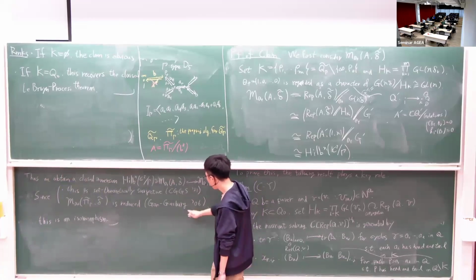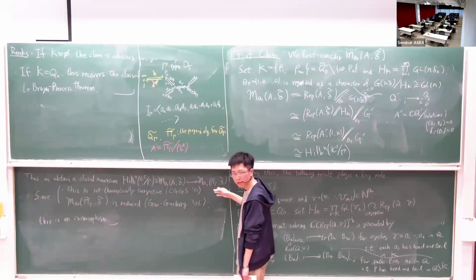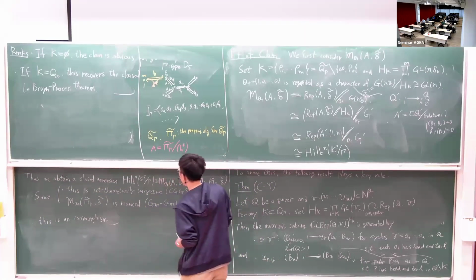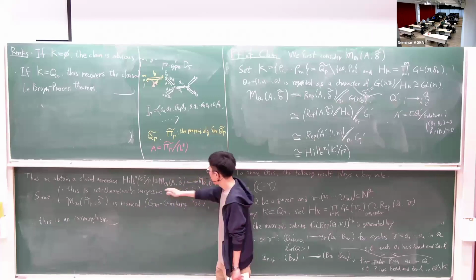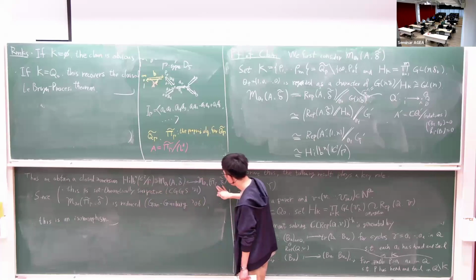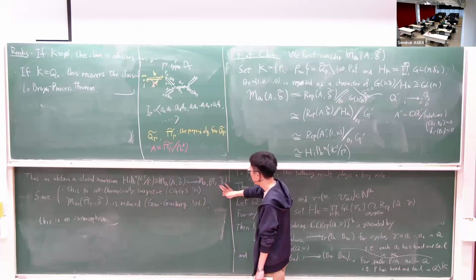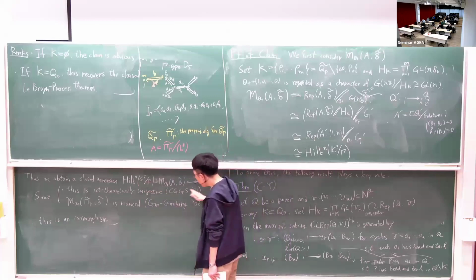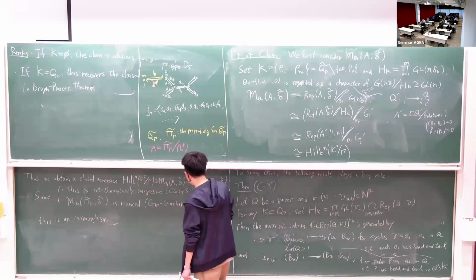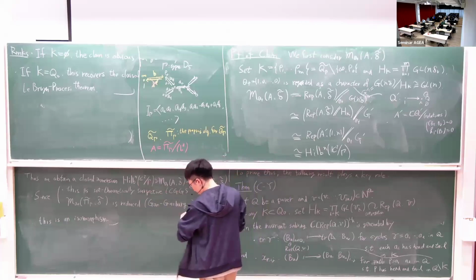And we also know that the target is reduced. So we can conclude that this is an isomorphism. So in this way, we can prove that the Hilbert scheme of n points on C2 mod gamma is isomorphic to the Nakajima variety. So in particular, we can show that this is a normal variety, reduced and irreducible and normal. Okay.